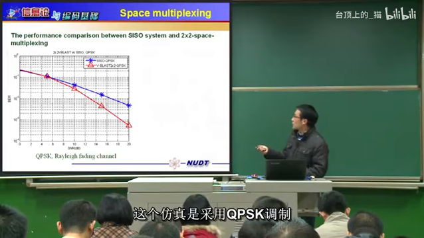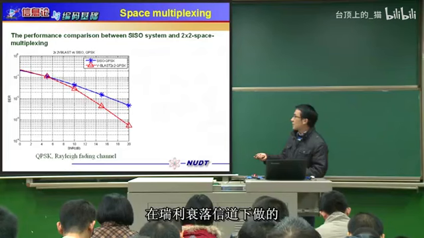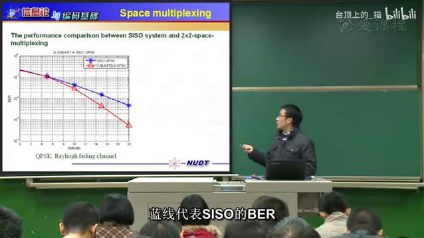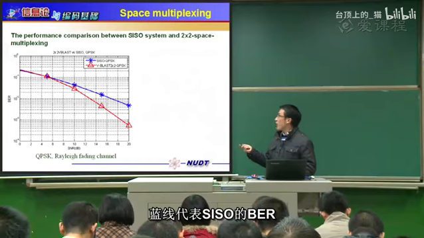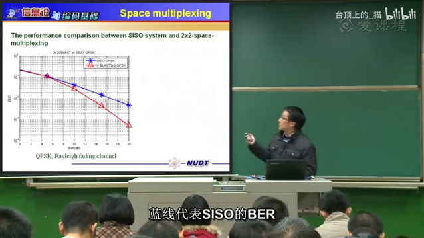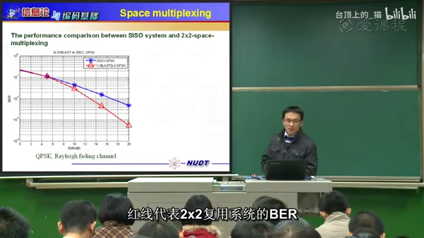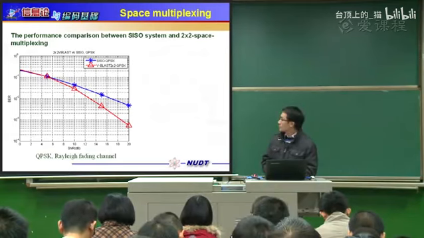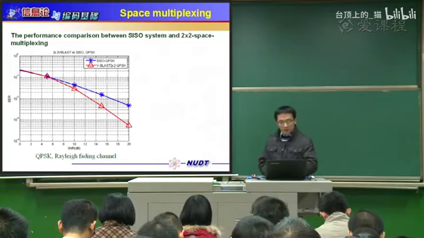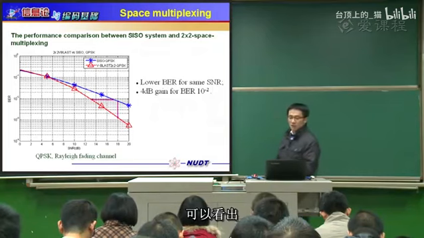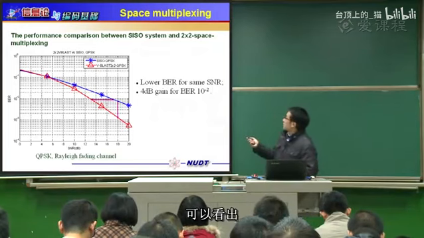This simulation is done with QPSK modulation and under a Rayleigh fading channel. Okay, we can see the blue curve is the BER for the SISO system, and the red one is for 2x2 space multiplexing.